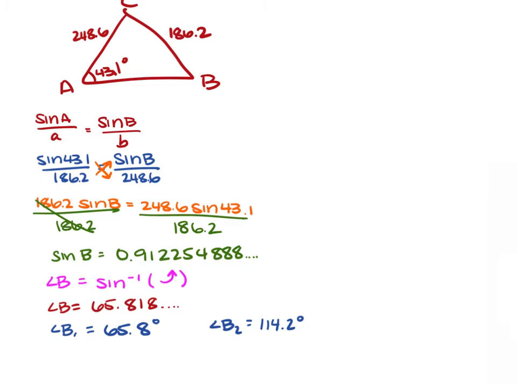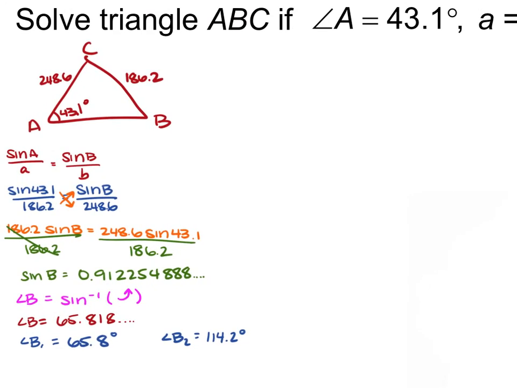You have one that we're going to label triangle A1, B1, C1. This is going to give us the side lengths of the 43.1 for angle A. B is going to be 65.8, and angle C is going to be 180 minus the 43.1 minus the 65.8, so that's 71.1.